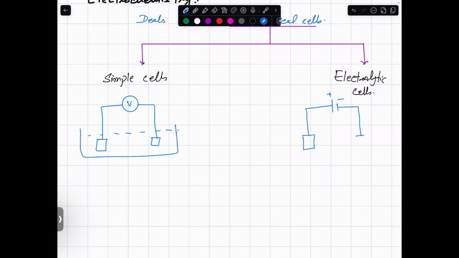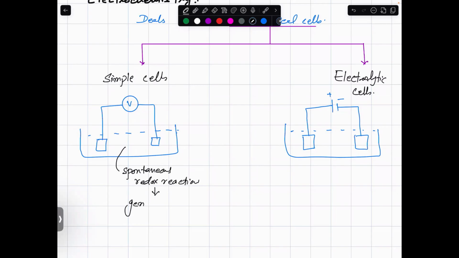In both, there is a redox reaction. In simple cells, there is a spontaneous redox reaction that generates electricity.